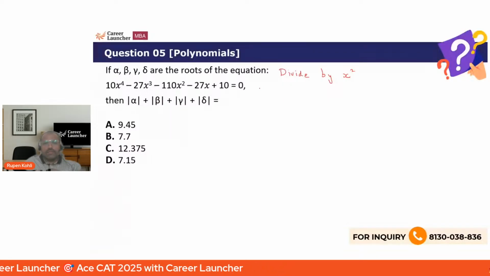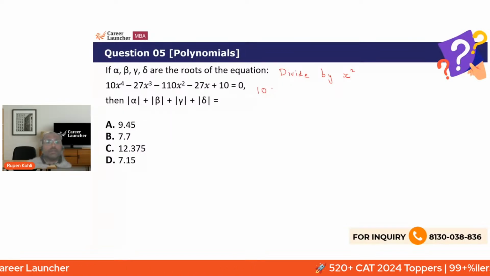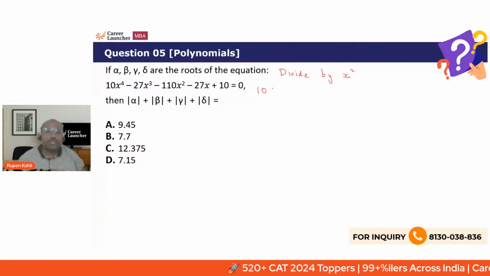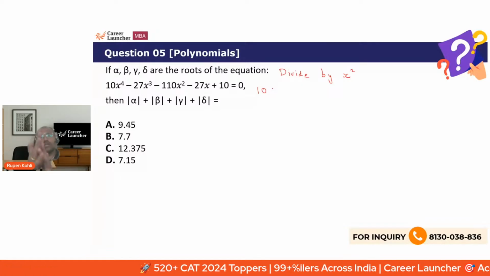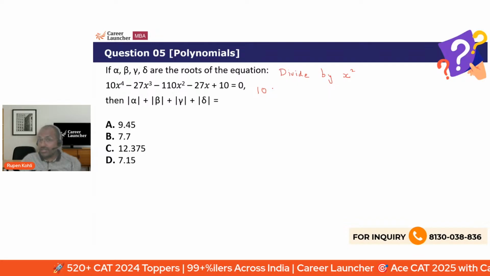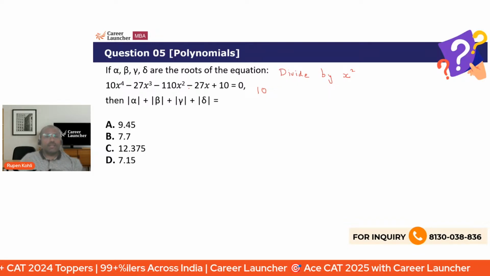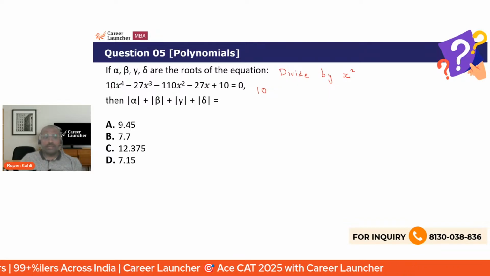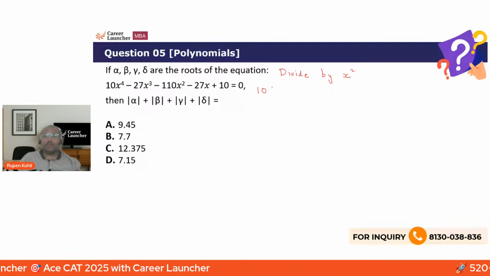So I'm directly writing the equation by combining the terms which, when taken together, would give us a simplification. When I divide this entire equation by x square, I have 10x square and 10 by x square, so 10 times x square plus 1 by x square.